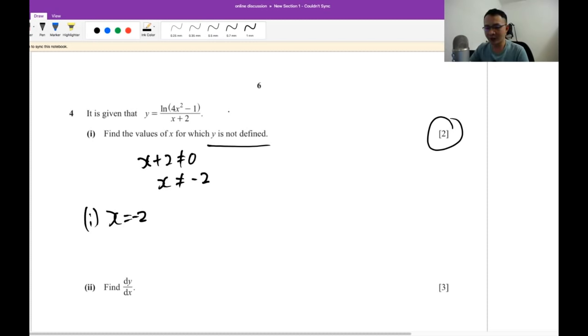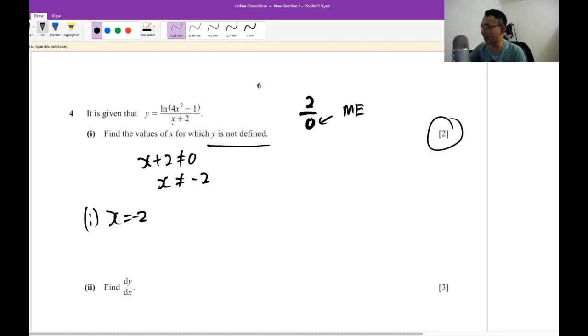You can take out your calculator and try any value like 2 divided by 0. If you type any value divided by 0, you will get math error, right? Your calculator will tell you math error. So this is undefined. This is the first scenario.